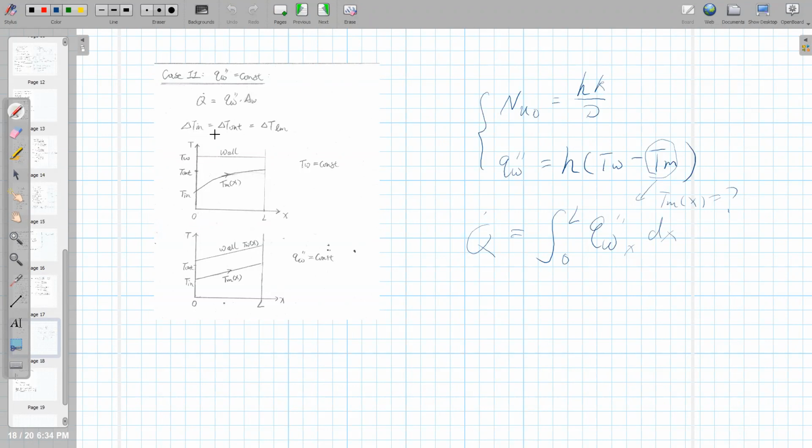The temperature difference will stay the same through the flow, so delta T in and delta T out both equal delta T_lm. Both the mean fluid temperature and the wall temperature keep increasing, but their difference stays the same, because you want to keep q_w prime constant. That's some additional things.